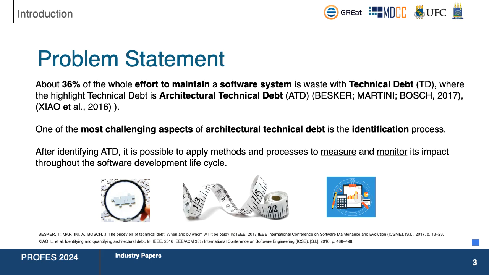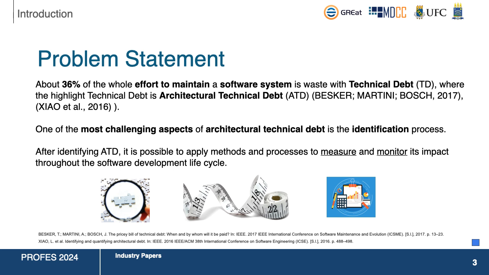The problem statement of this study is that about 36% of the effort to maintain a software system is weighed down with technical debt, where the highlight is architectural technical debt, according to Besker, Martini, and Bosch.